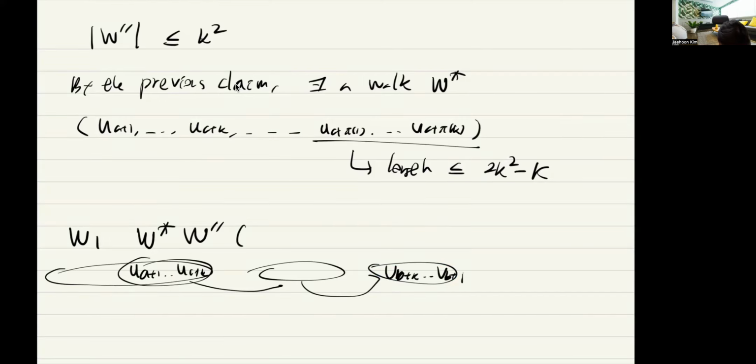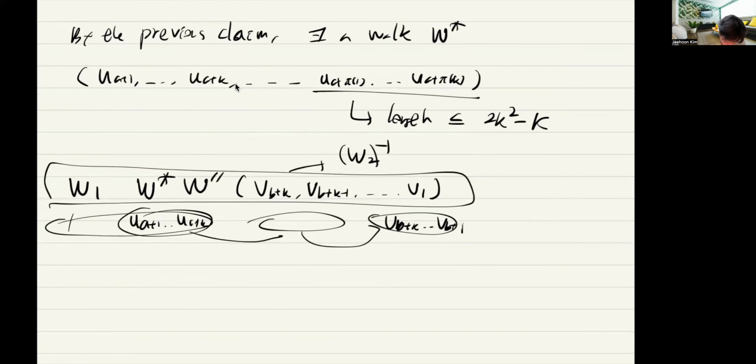And you take the reverse of W2, W2 to the negative 1. So this forms a k-clique walk.